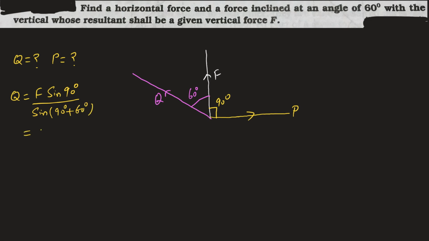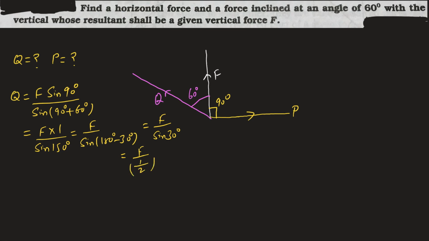So, sine 90 degree is 1, and this will be sine 150 degree. F sine 150 could be written as 180 degree minus 30 degree, which is nothing but sine 30 degree. Sine 30 degree is 1 by 2. So, this will be 2F. So, this implies that one component is 2F.